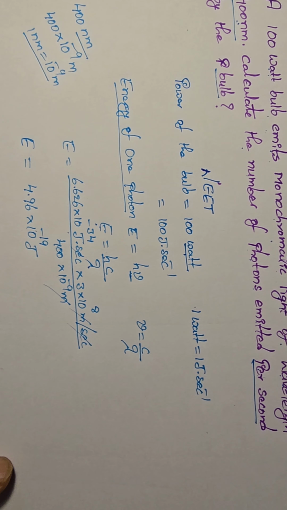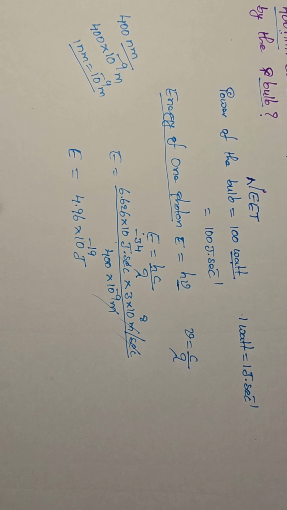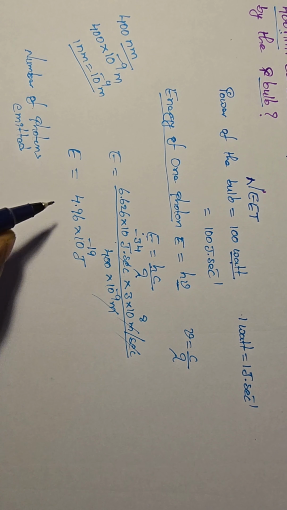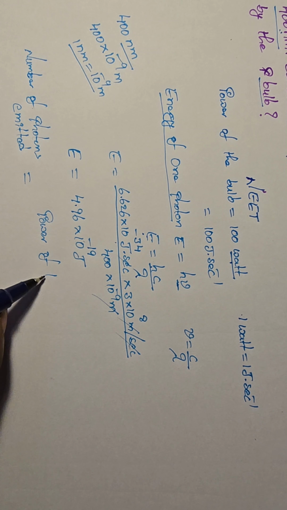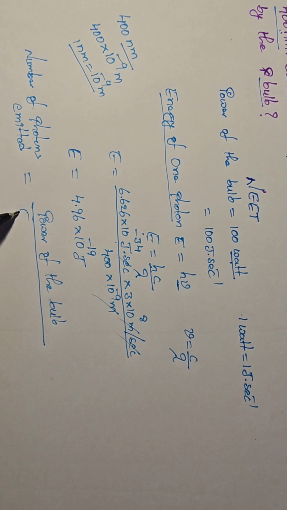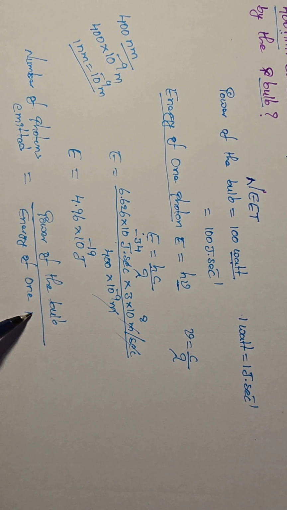Calculate the number of photons emitted. The number of photons emitted is equal to the power of the bulb divided by the energy of 1 photon.